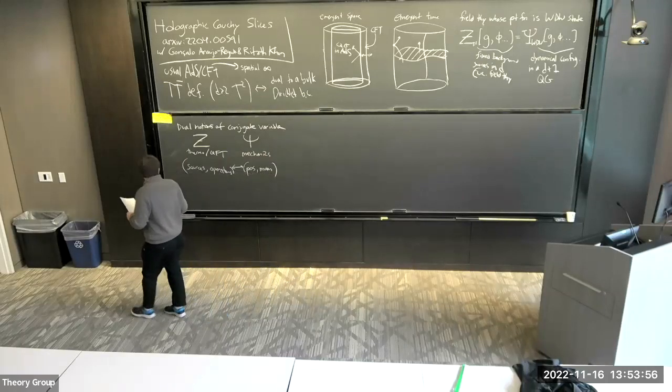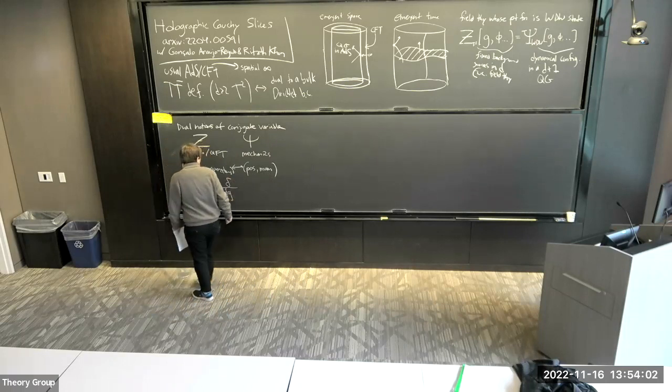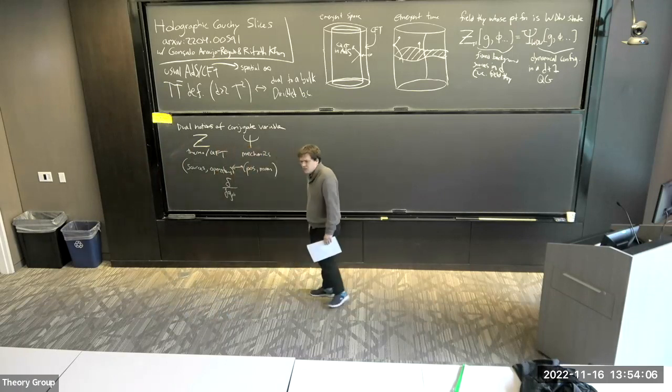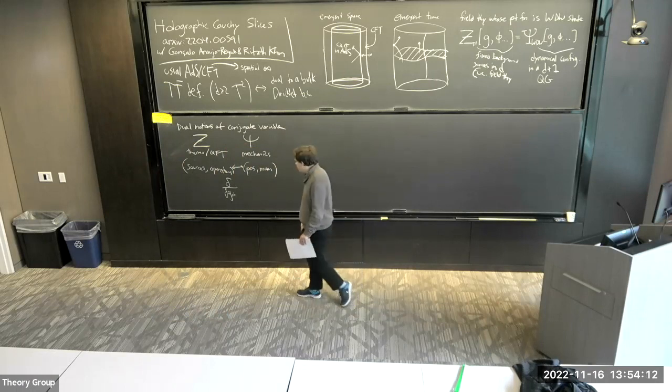So an example of this, the most obvious thing to do is to take a variation with respect to this metric. And this has a different interpretation on the two sides.